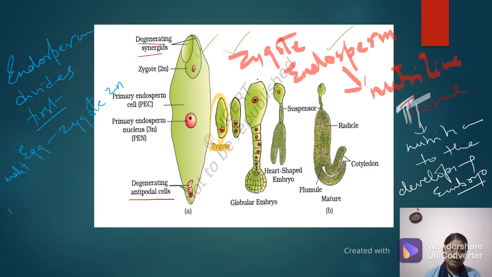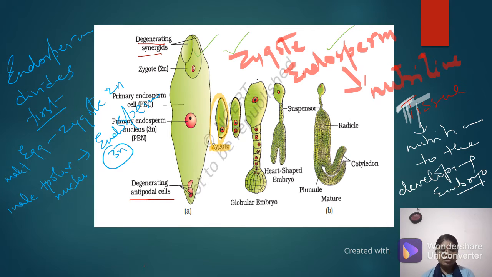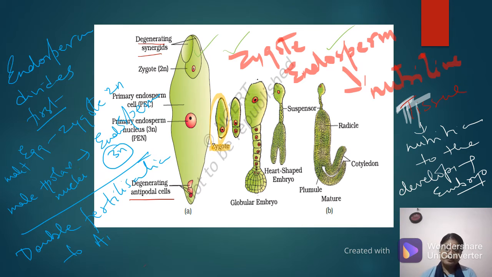And male gamete plus the polar nuclei fuses and gives you endosperm, which is 3n. Now this kind of fertilization is called what? Double fertilization, which is unique to angiosperms.